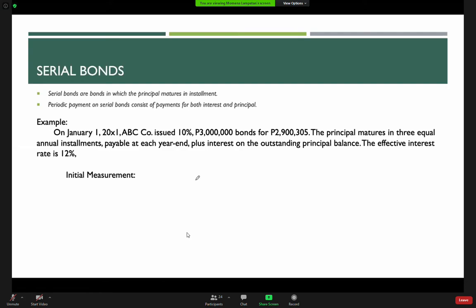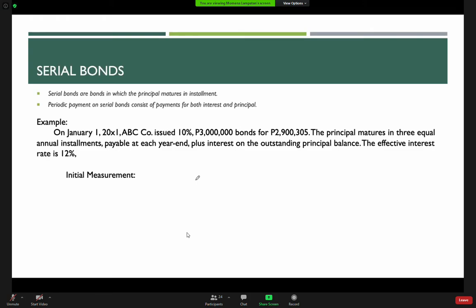Then next, we have serial bonds. Ano naman yung serial bonds? Kapag yung bond pays principal, meron tayong principal payment, okay, on installment basis. So, ibig sabihin, nagbabayad tayo ng portion of the outstanding balance of the bond on an installment basis.